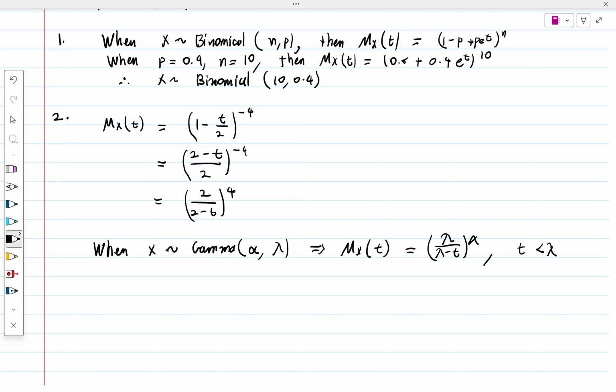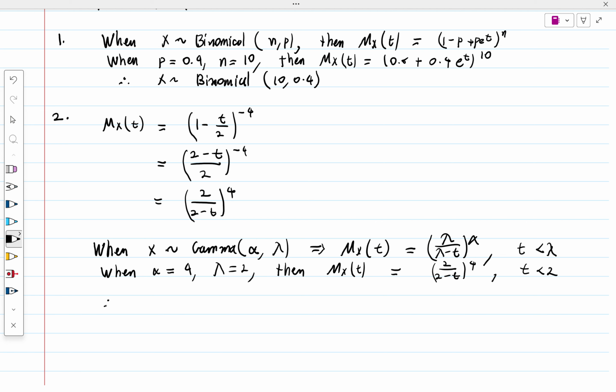Then we noticed that when alpha is equal to 4 and lambda is equal to 2, the moment generating function of X becomes (2/(2 - t))^4, for t less than 2 in this particular instance.